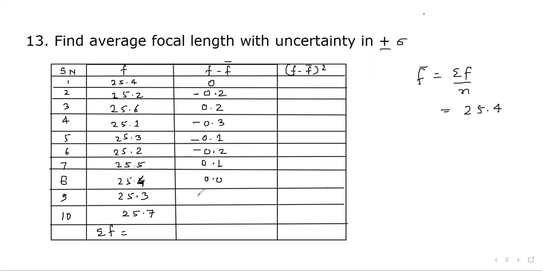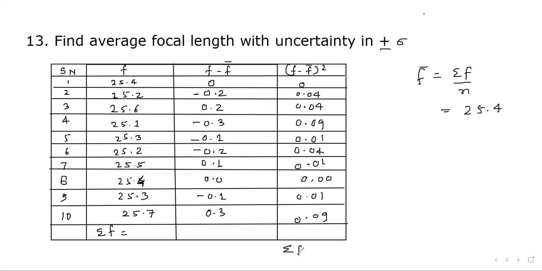Then minus 0.1. Then 0.3. Now we have to square these numbers: 0, 0.04, 0.04, 0.09, 0.01, 0.04, 0.01, 0.0, 0.01, 0.09.